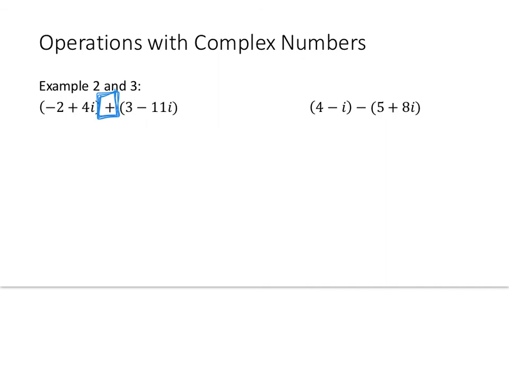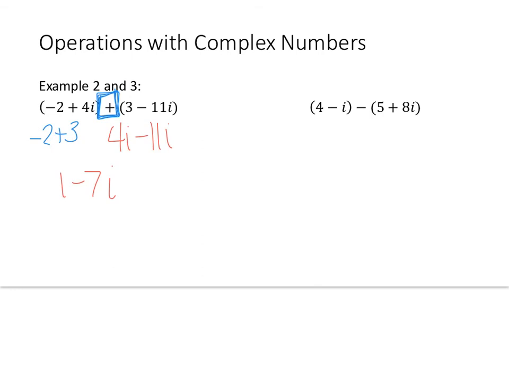So I can only combine real numbers with real numbers and imaginary numbers with imaginary numbers. So I'm going to have -2 plus 3, and then I also have 4i minus 11i. So -2 plus 3 is 1, and 4i minus 11i is -7i.